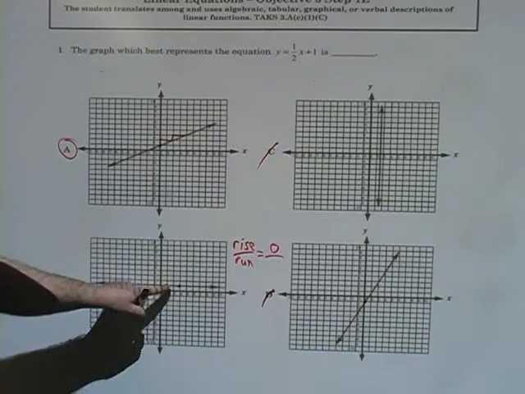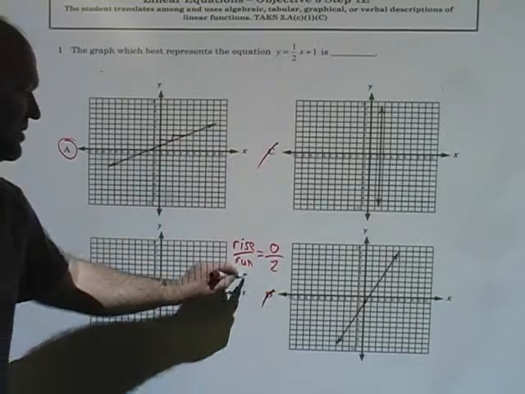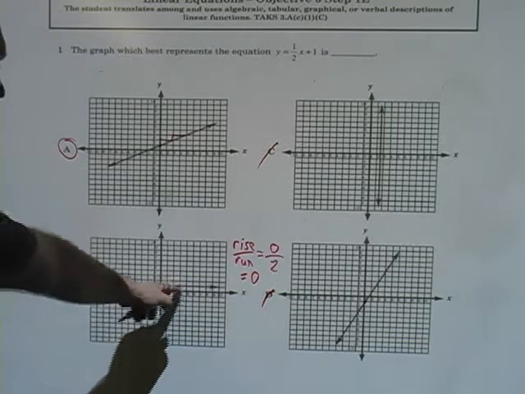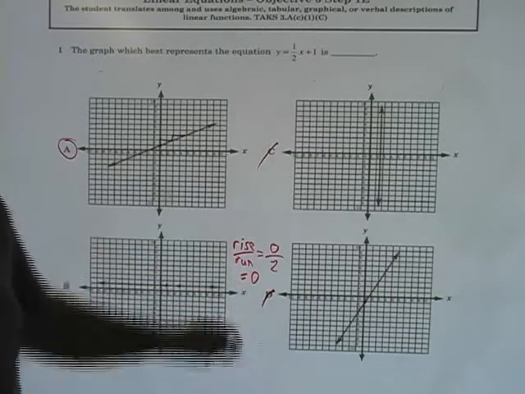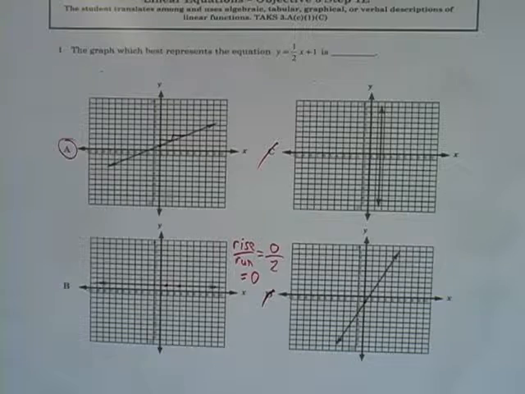And it runs 2. 0 over 2 is just 0. So a horizontal line, like on answer B, has a slope of 0. Now remember the vertical line that we talked about before, it has an undefined slope. Those are 2 special types of lines, vertical and horizontal.